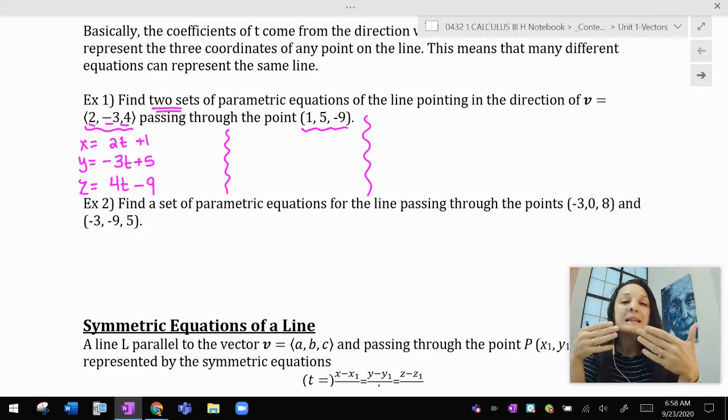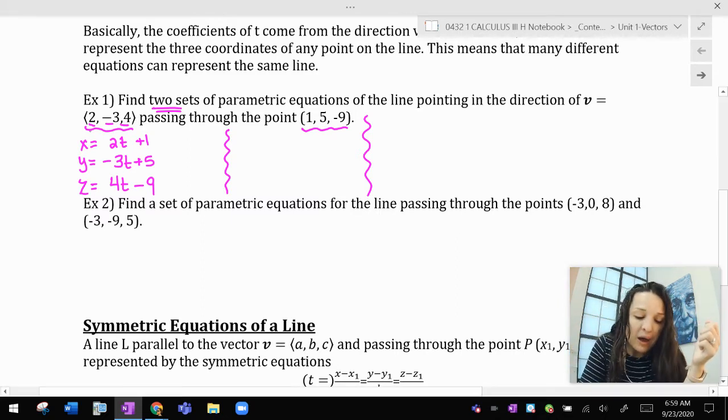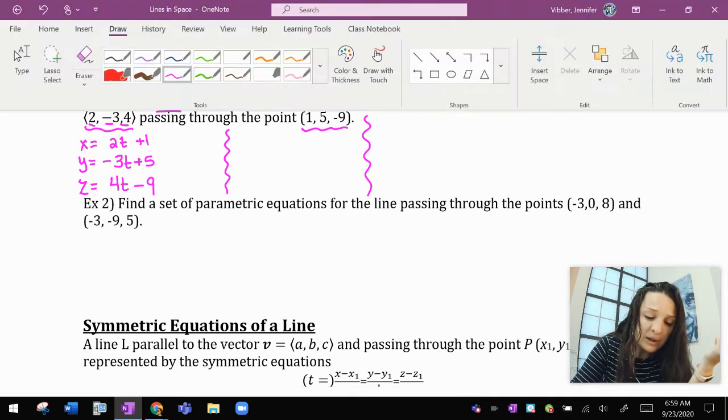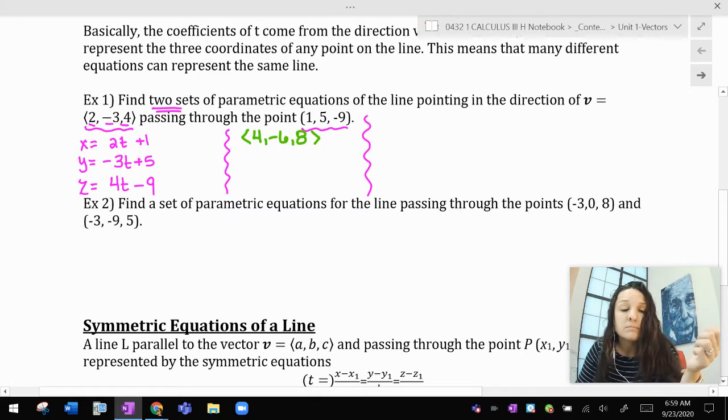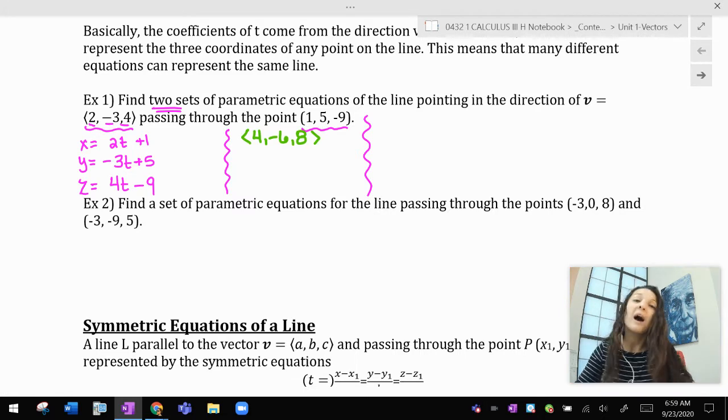Just like lines in 2 dimensions can be unsimplified, so can lines in 3 dimensions. If 2, negative 3, 4 is a direction vector, so is the vector 4, negative 6, 8. It's still a direction vector. It has a larger magnitude, but since a line has infinite length, I don't care about the magnitude of the direction vector.